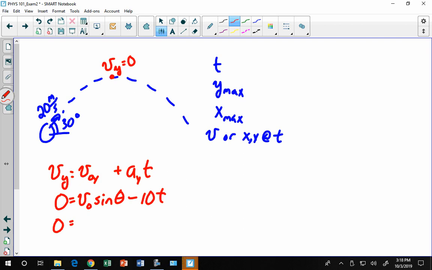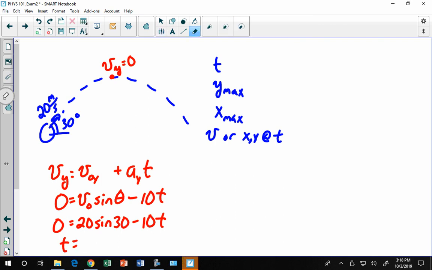So 0 is equal to 20 sine of 30 minus 10t. So t is equal to 1 second. That means at the top of the trajectory, t is equal to 1 second.